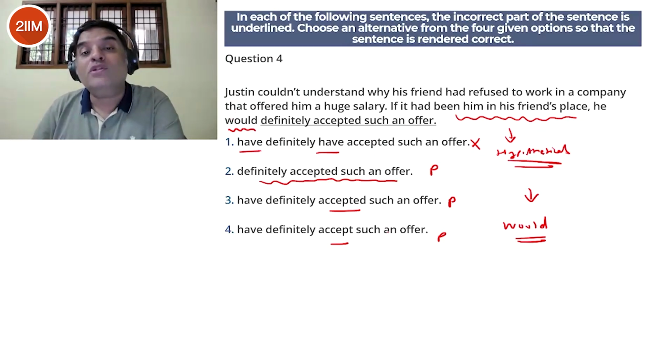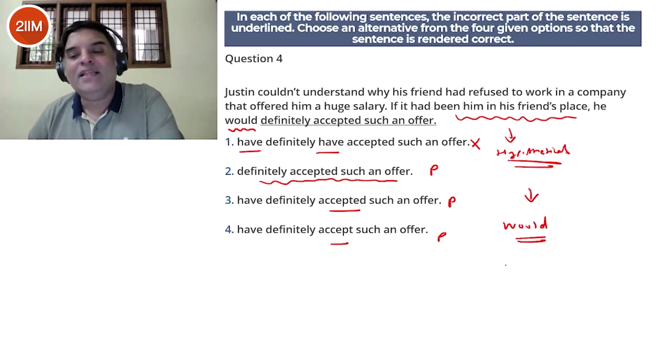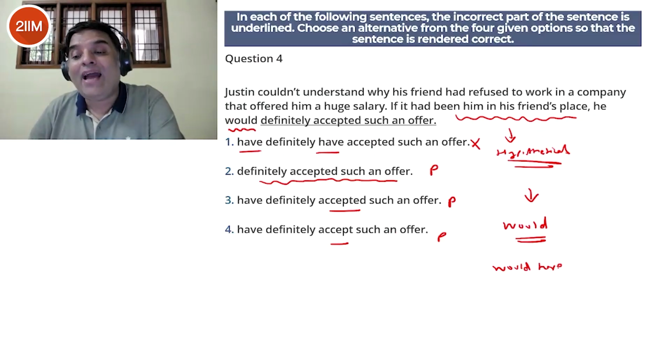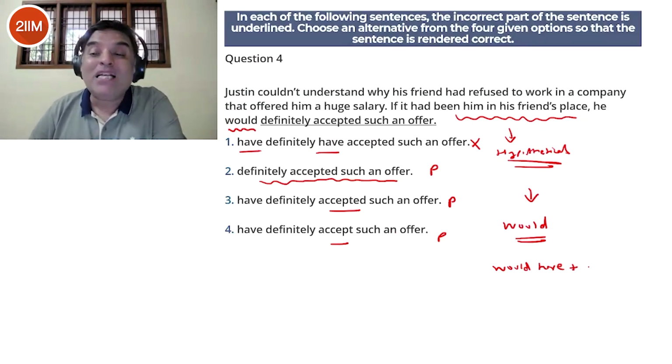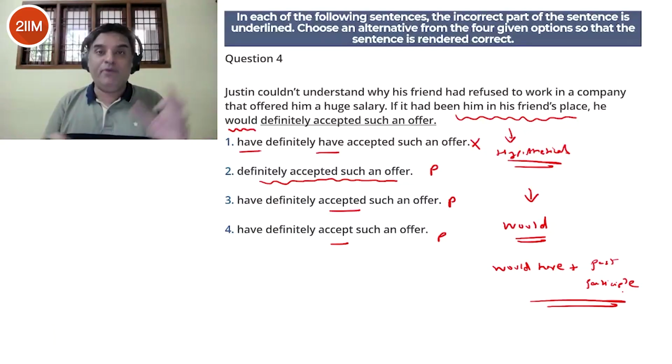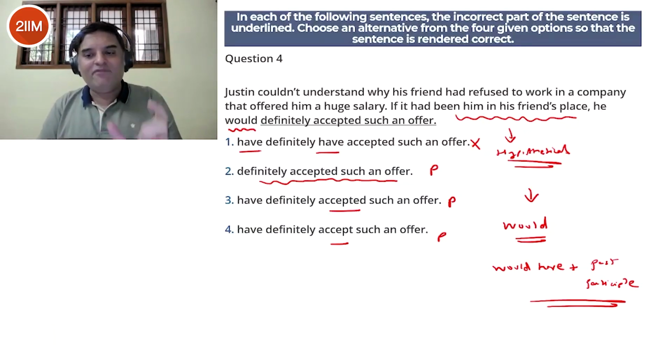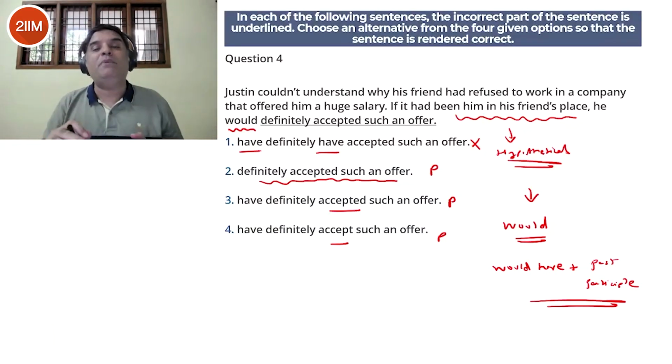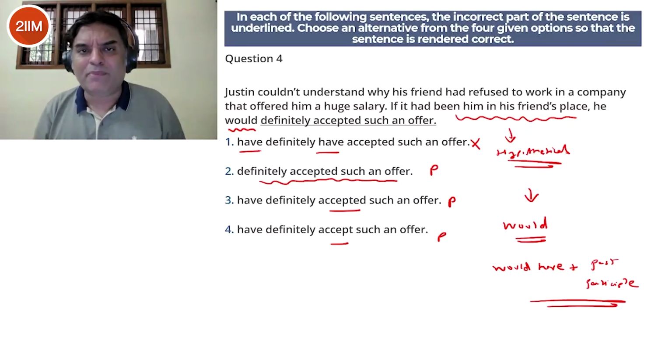Now, because you're using would, typically the construction that we use is would have plus past participle of the verb. Because you're using would, you will use have. Now don't get confused by participle.